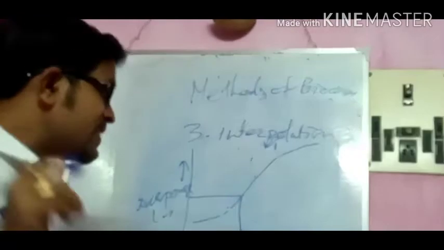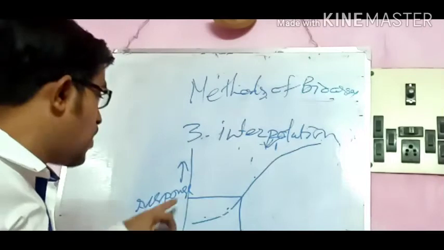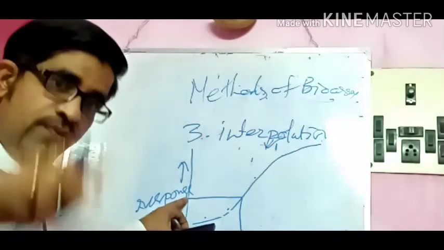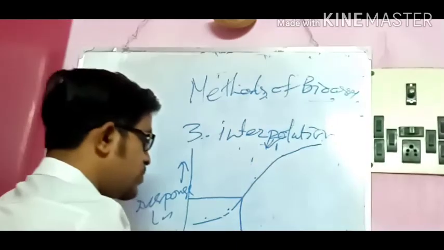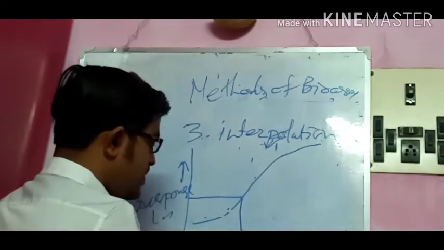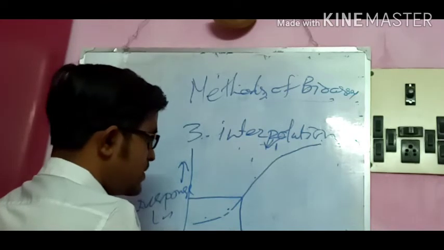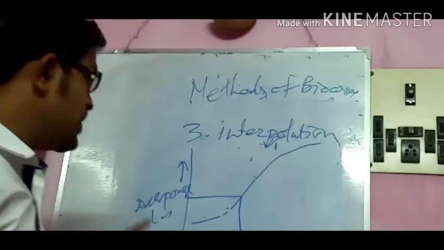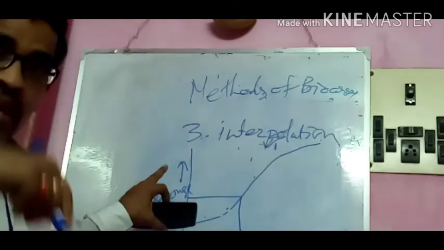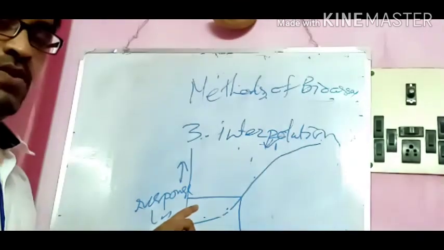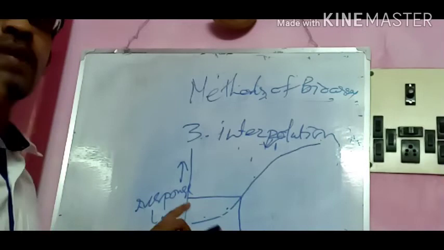In that 0.1 ml you got this response. Here suppose this is 0.1 mg, this is 0.2 mg, this is 0.4, so suppose this is 0.3, near about. So in this 0.1 ml of your unknown, 0.3 mg of your standard drug is present.